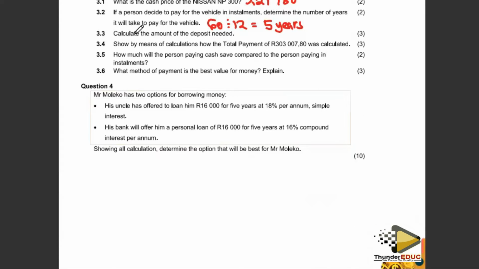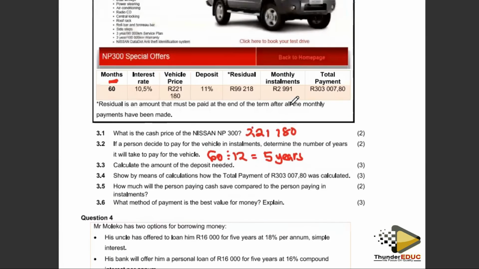Okay, calculate the deposit amount needed. Now, when you take a look at the scenario, we check the table here. Deposit is this much.